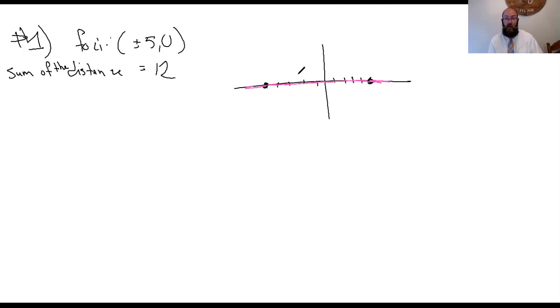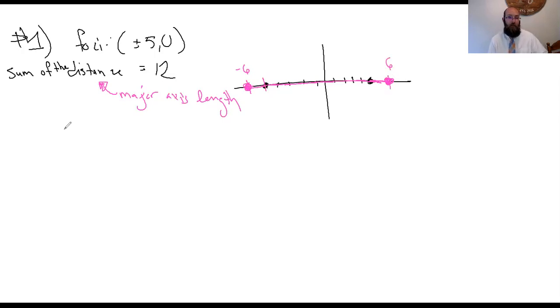That sum of distance is 12, so that means from my vertex to my vertex must be 12. That's talking about major axis length. And because I knew my foci were at 5, that means this one's at 6 and this one's at 6.